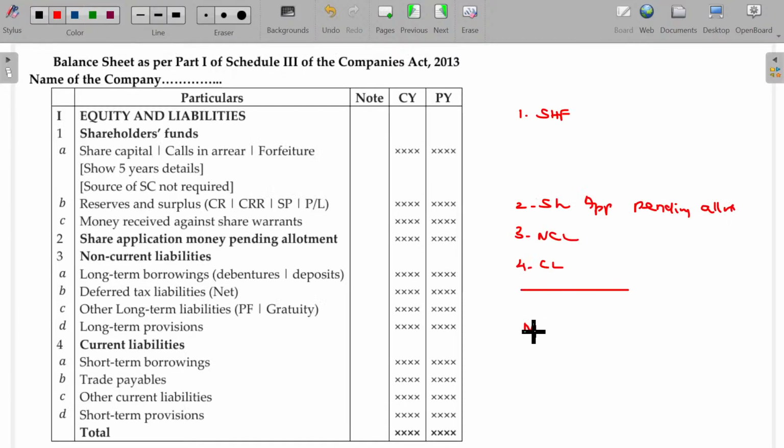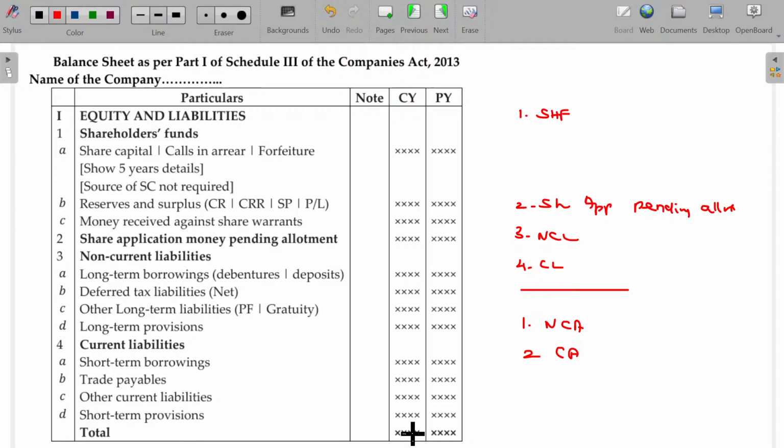One is non-current assets. Another one is current assets. So you have to understand the major heads on the liability side as well as on the asset side. On the liability side, we have four heads. One is shareholders' funds, another one is share application money received, but allotment has not been done currently.